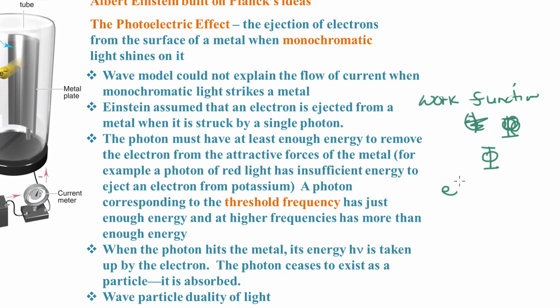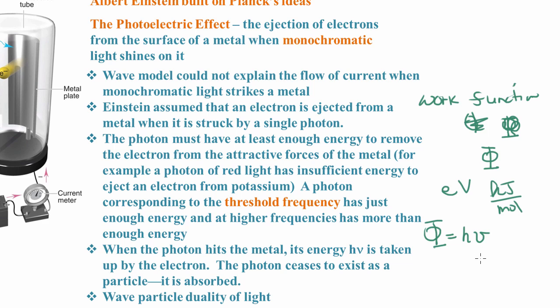Usually it's in units of electron volts, or you can put it in units of kilojoules per mole. The work function, it's an energy, right? So again, this would be proportional to h times the frequency.